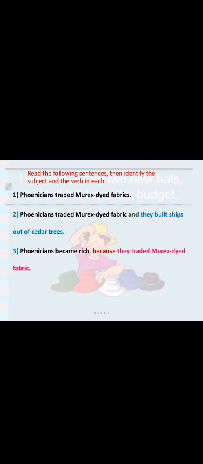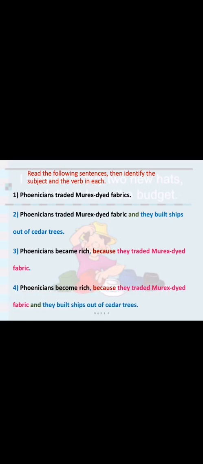Three. Phoenicians became rich because they traded murex-dyed fabric. Four. Phoenicians become rich because they traded murex-dyed fabric and they built ships out of cedar trees.